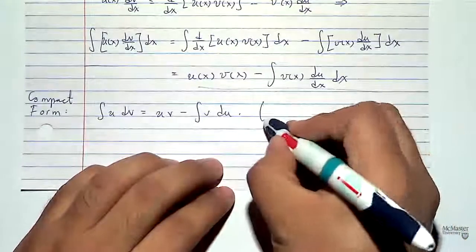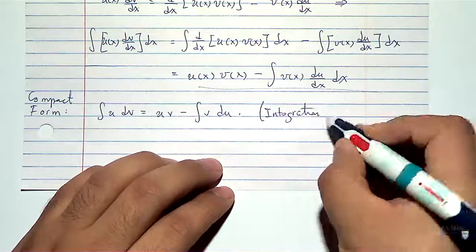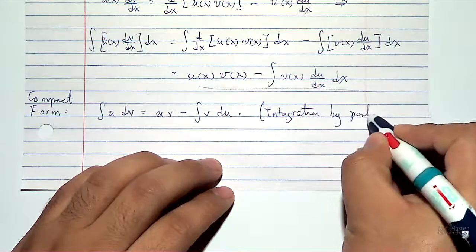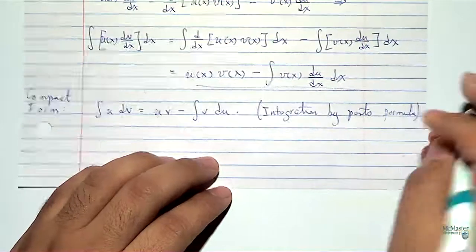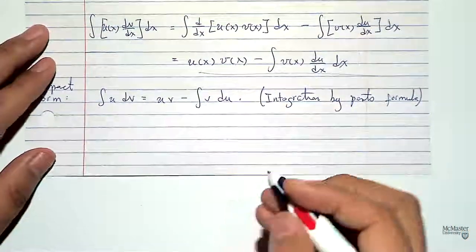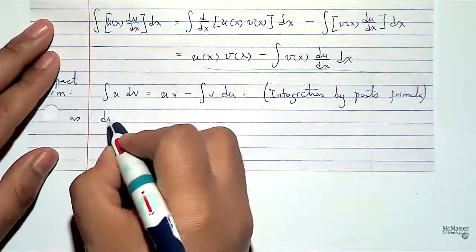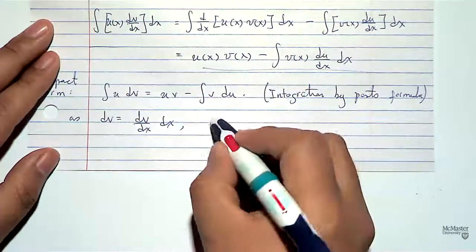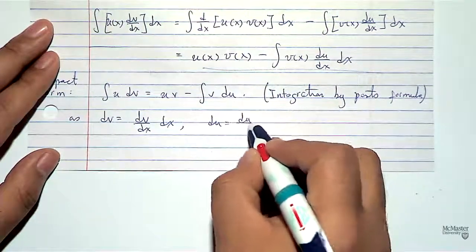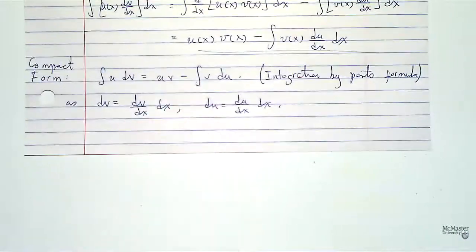So this has a name. This is the integration by parts formula, which we just derived from the formula for the derivative of a product. And this is just a simplifying notation where we have recognized that dv is dv dx times dx, and du is equal to du dx times dx, okay? So we have just used that notation.